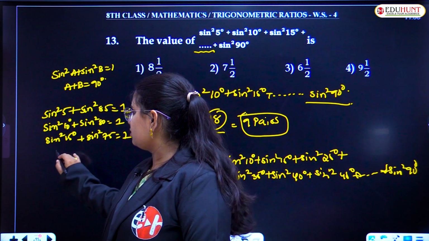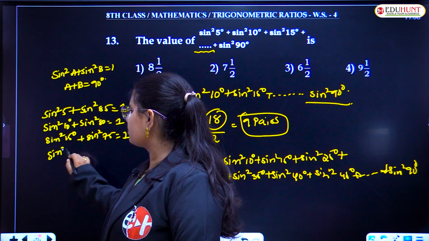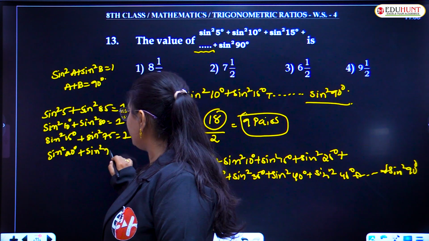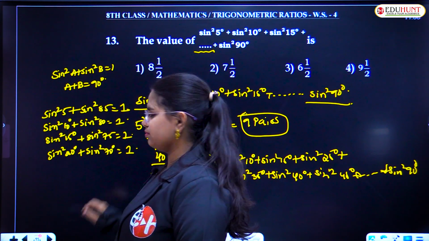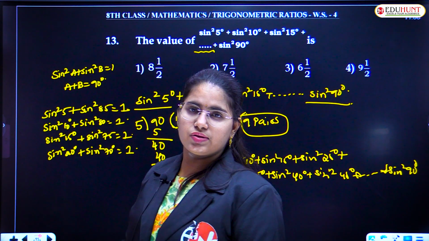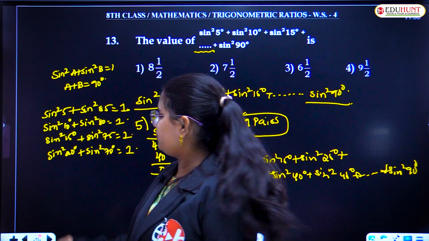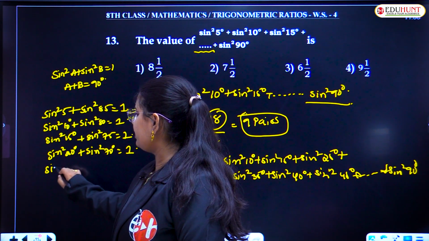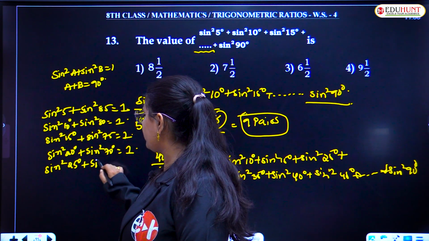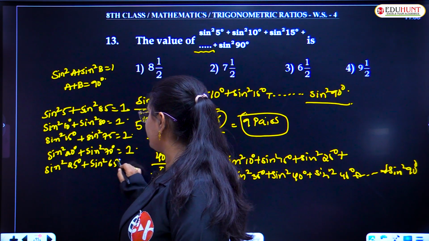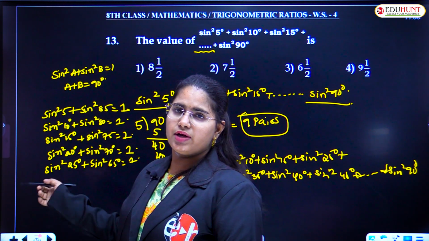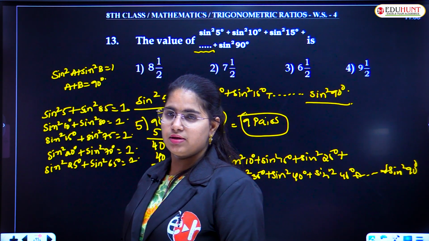Next, sine square 20 degree plus sine square 70 degree is also equal to 1. All these terms are located in this particular series only. Next one, sine square 25 degree plus sine square 65 degree is also equal to 1 as per this result, because whenever you add, you are getting complementary angles.